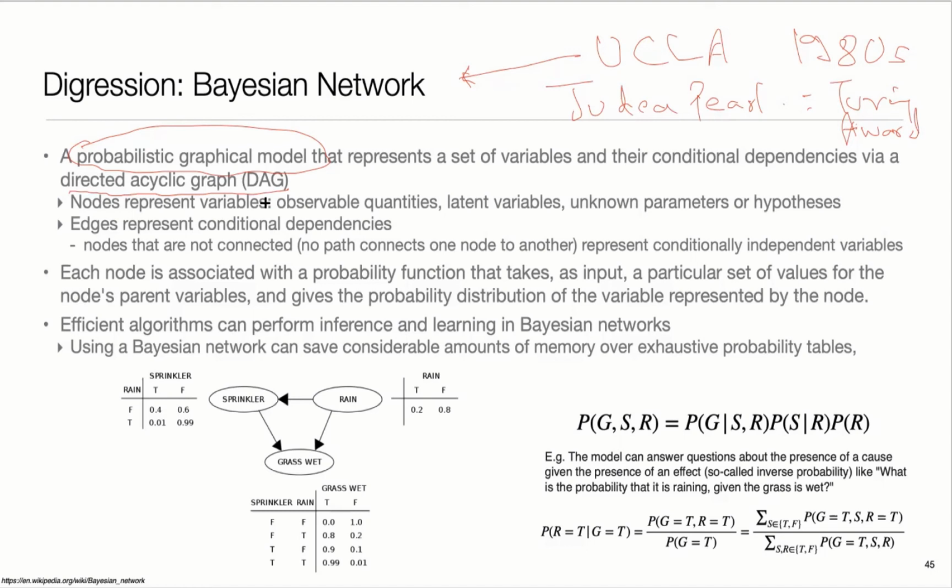Rain is true or false, sprinkler is true or false, and grass wet is true or false. Well, this is kind of a bad example. Let's say I had this kind of structure: A, B, C. Then it's basically saying that if I know B, then C is independent of A, right?